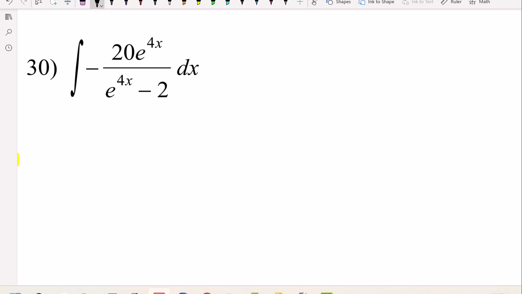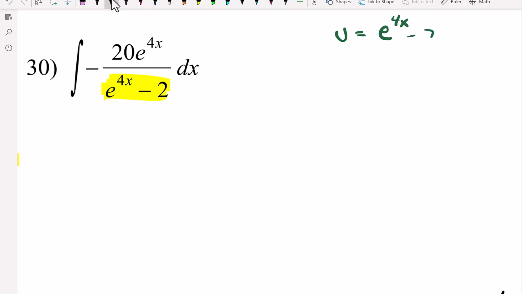Okay, now we have an exponential e to the 4x minus 2 in the denominator. This is going to be our u. I guess I didn't write that very well.